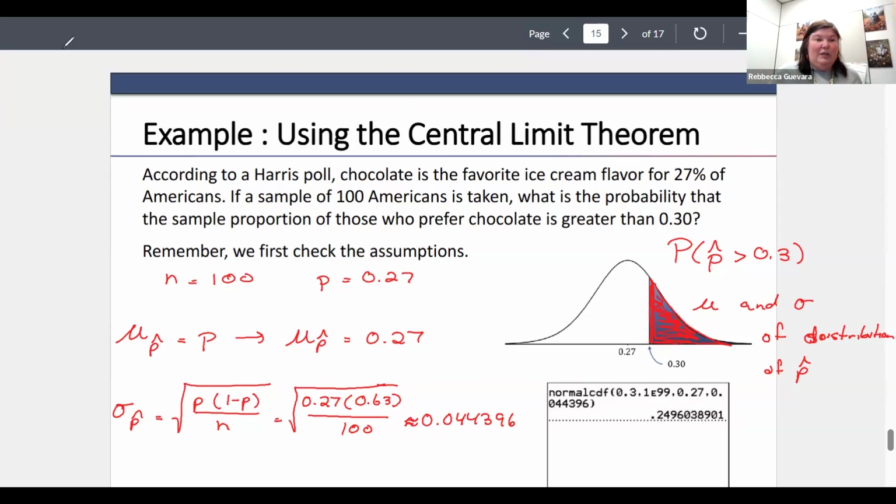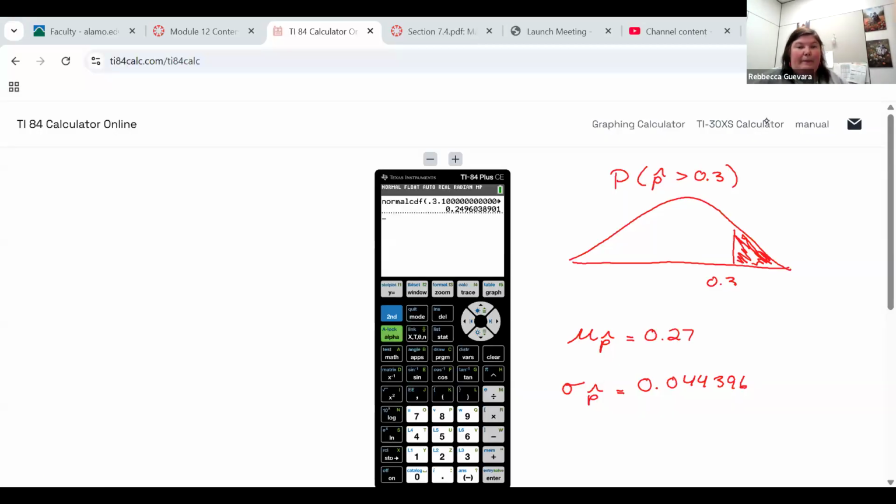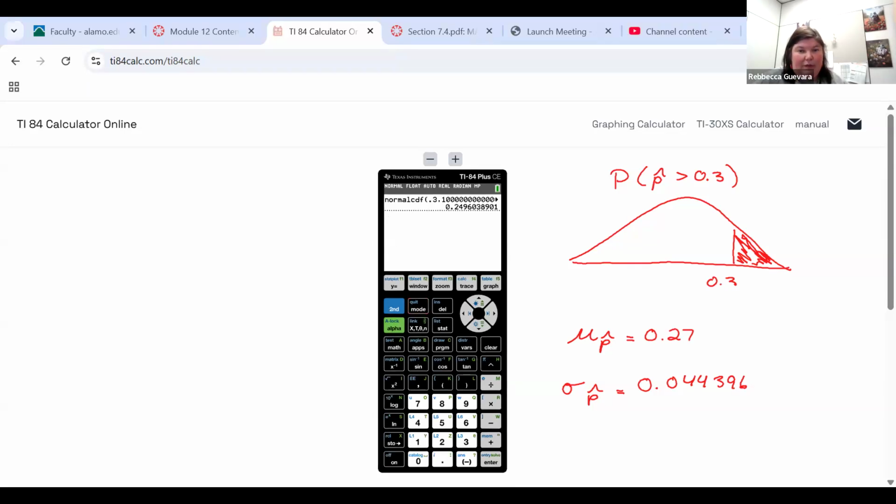Okay, so let's plug this all into the TI-84. Most of this information is going to be in here because I already did this once. We're going to second vars because that gives me my distributions, and I want number 2.